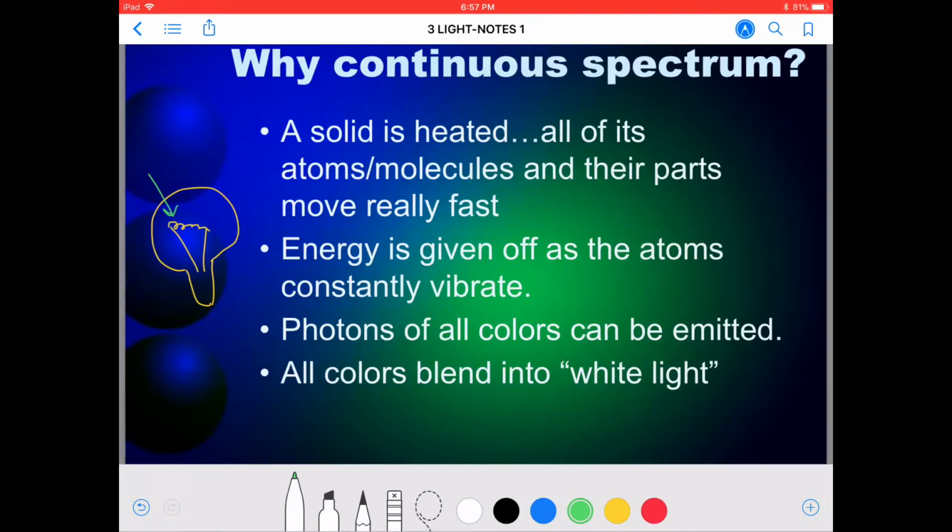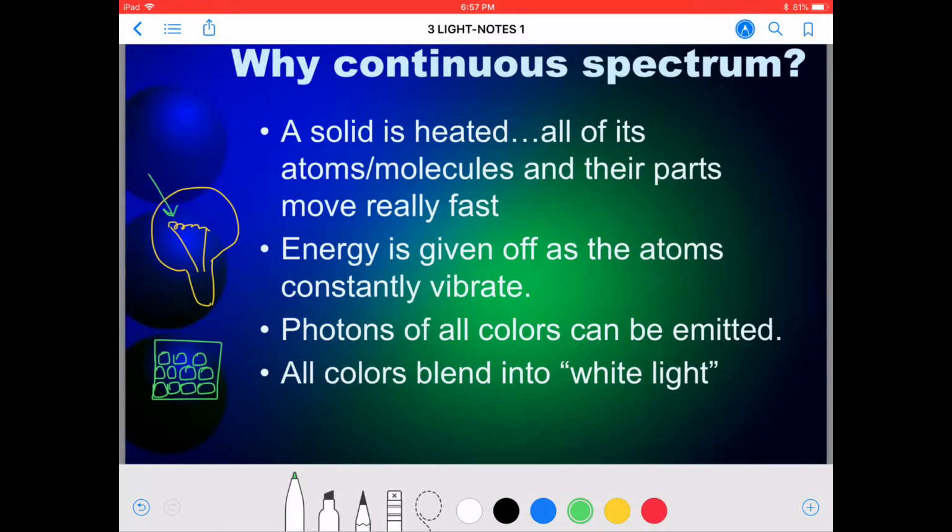But the continuous spectrum exists because as this solid filament gets heated, all of the atoms move really, really fast. Now, remember, it's still a solid. So if we wanted to draw atoms of a solid, you know that they are really, really close together. They're not moving location per se, but they are still moving. They're shivering in place.